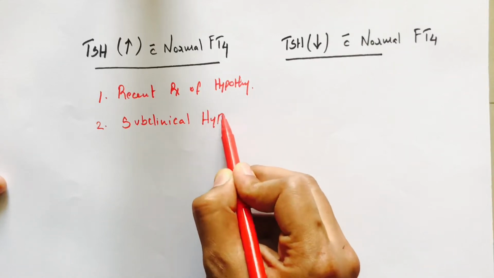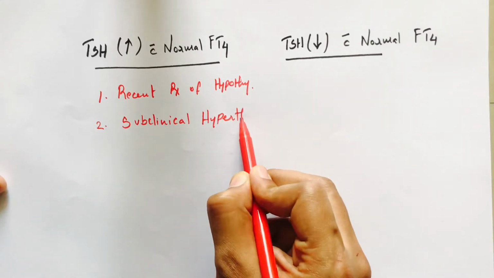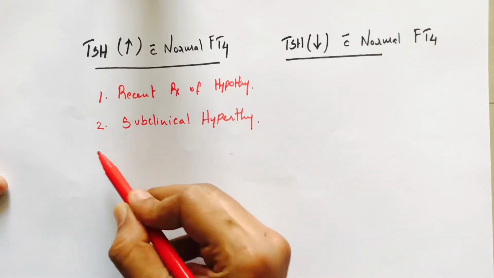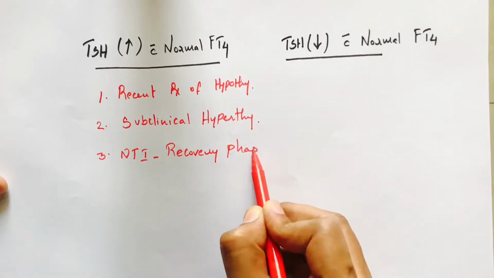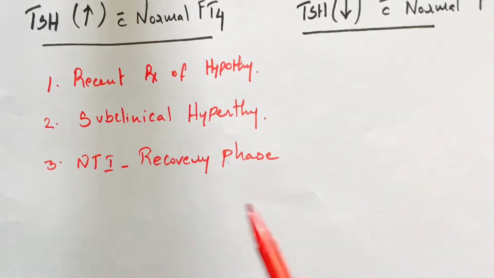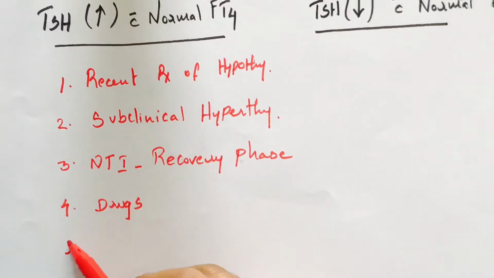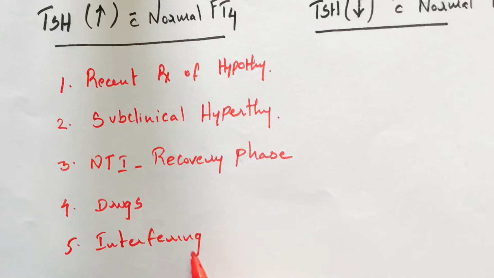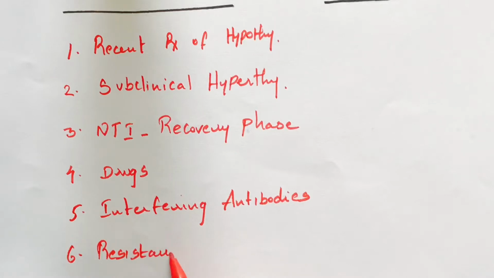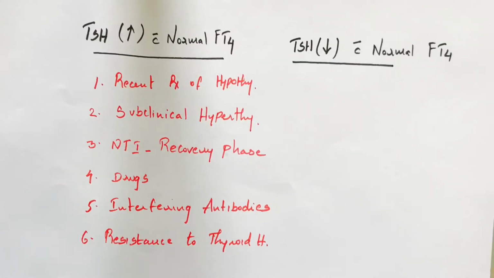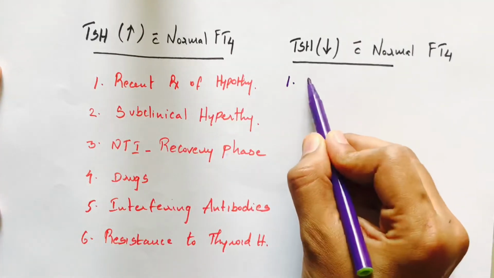The meaning of subclinical is the thyroid hormones T4 and T3 remain normal, whereas the TSH level varies a little. Non-thyroid illness during recovery phase, some medications, interfering antibodies against thyroid hormones, resistance to thyroid hormones.